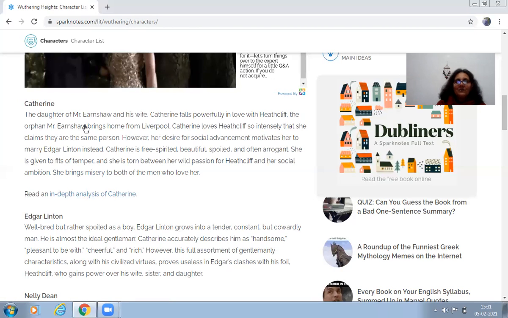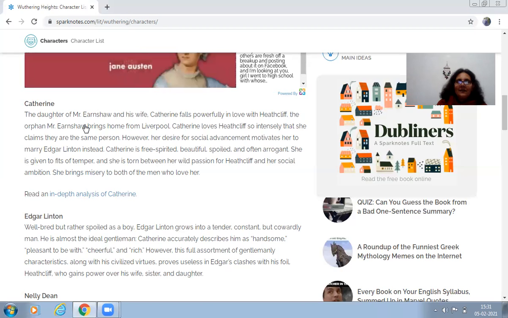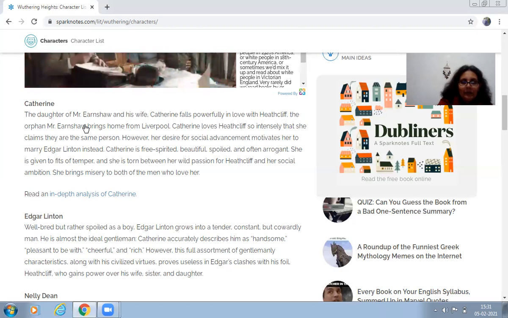There is an episode in the novel when she is lost due to bad weather. Hindley and Catherine are lost, and they went to Linton's family.